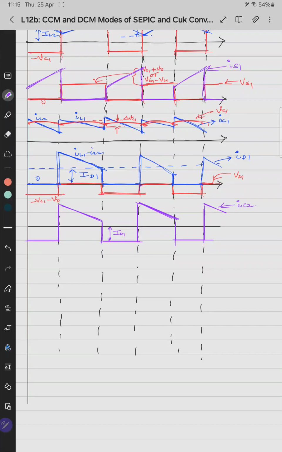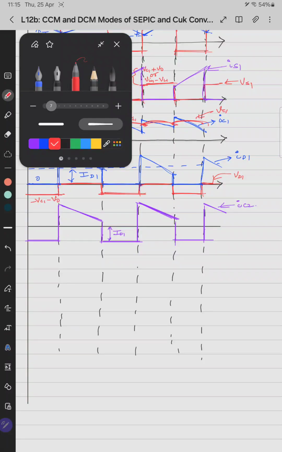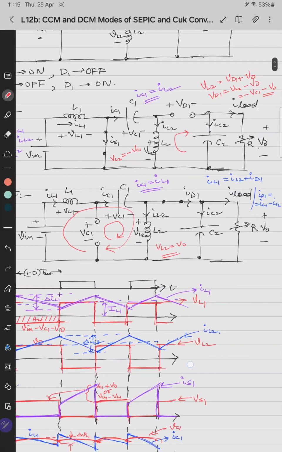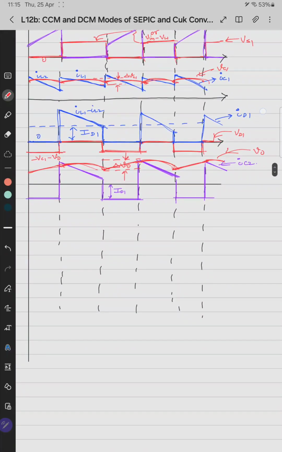And what will be VC2? Integration of this. Integration of a constant is a ramp signal, so it will be like this. Then it will be like this, somewhat like this. Then again a ramp, a falling parabola, ramp, falling parabola. This waveform is V0. So V0 has some ripple delta V0. This is the waveform V0. So we have drawn all the waveforms of it.